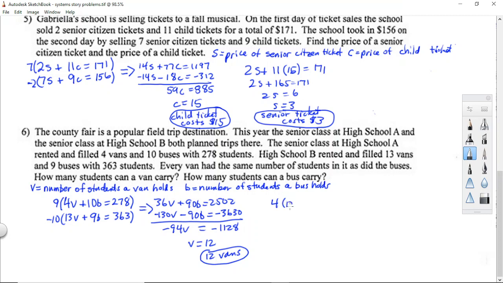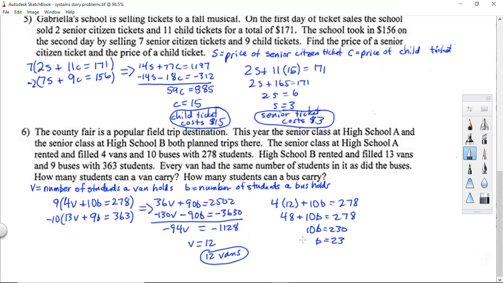So 4 times 12 plus 10B equals 278. 4 times 12 will simplify to 48. And now subtract 48 from both sides, and you get 10B equals 230. Divide both sides by 10, and that leaves B equals 23.